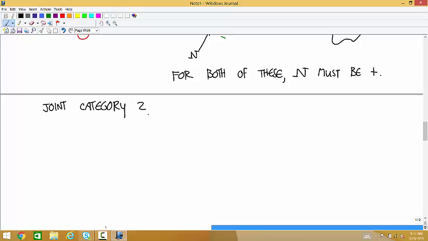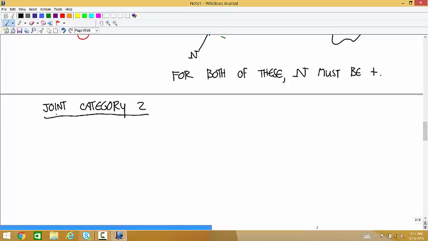These are the ones that, there's only one of these, but this one introduces 2 variables into Newton's laws.